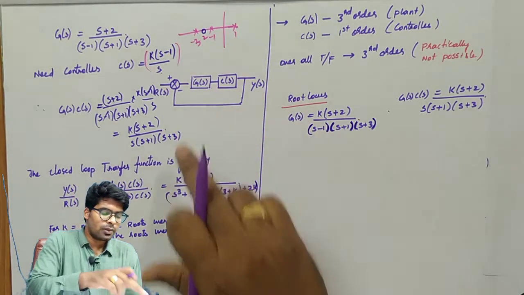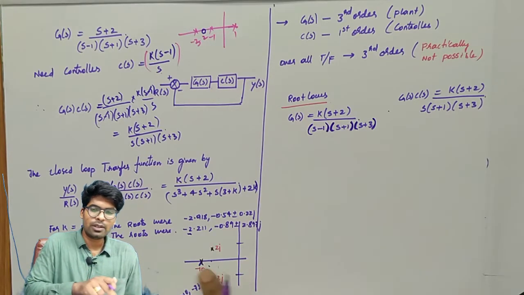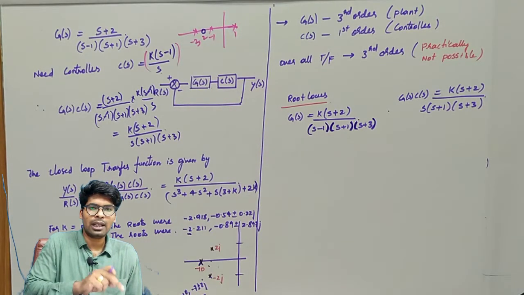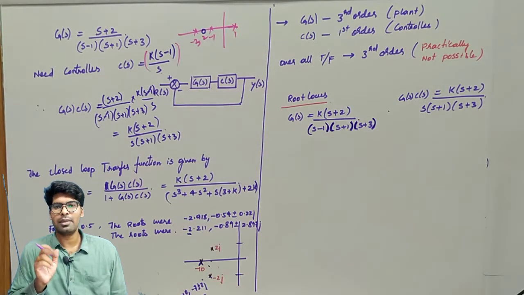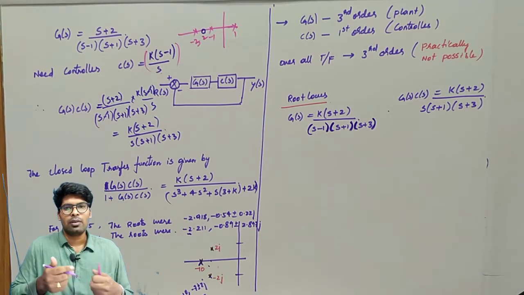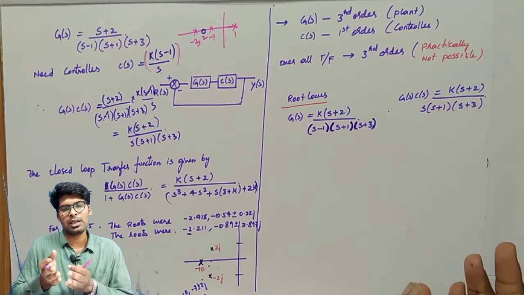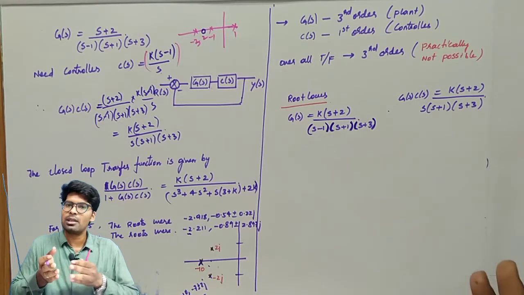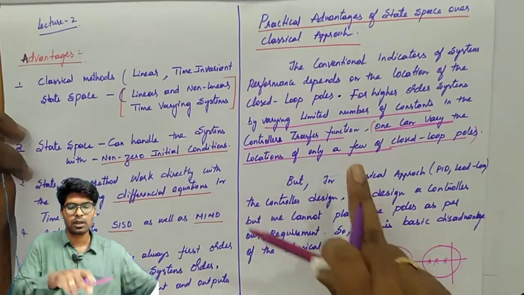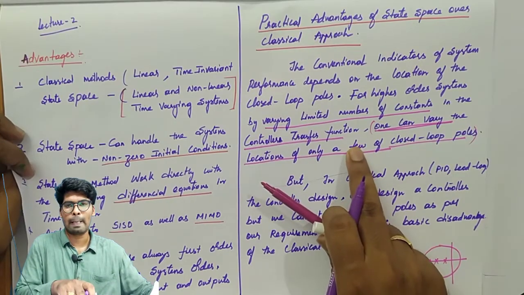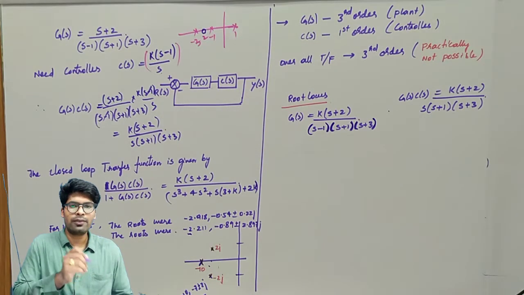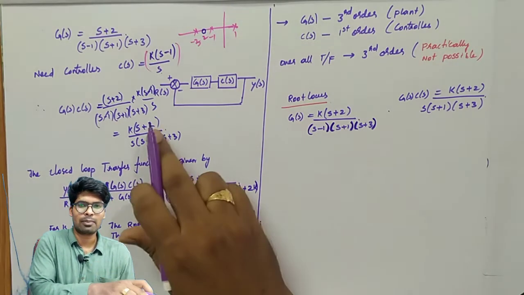No. There is no provision to get this pole location in this classical approach, but this aim can be achieved in state space analysis. That is the main advantage. By varying a few constants, we can adjust the pole location in state space analysis. And one more defect I observed in the classical approach is here.